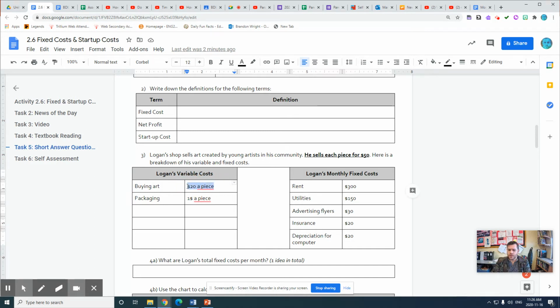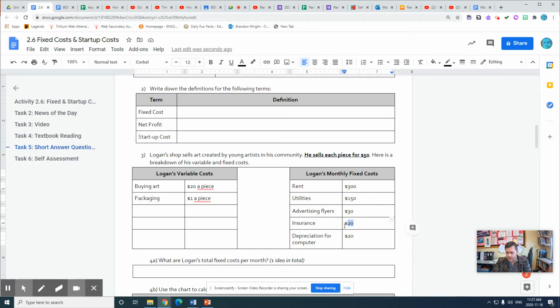So he could simply buy cheaper art or pay less for it, maybe $18, $19. He'd have to negotiate with the artist about that. He'd have to buy cheaper packaging, maybe at 50 cents a piece rather than $1. Perhaps he wouldn't need insurance.